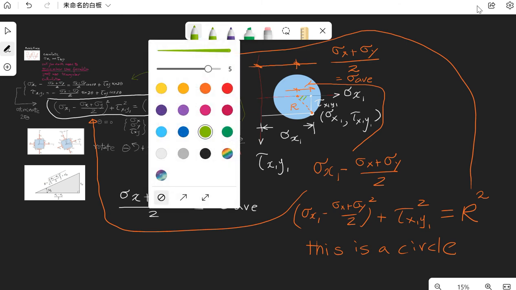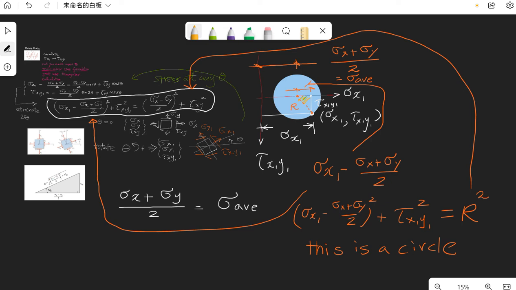Okay, maybe we can use yellow color, because this is a triangle. So now we need to find whether it is equal to r or not.